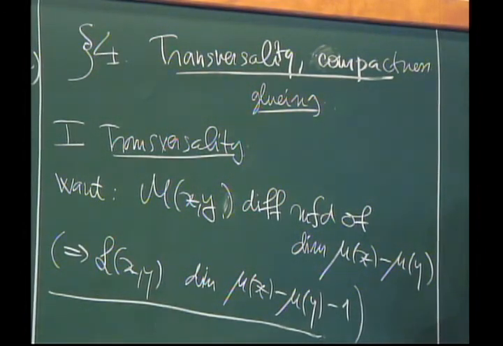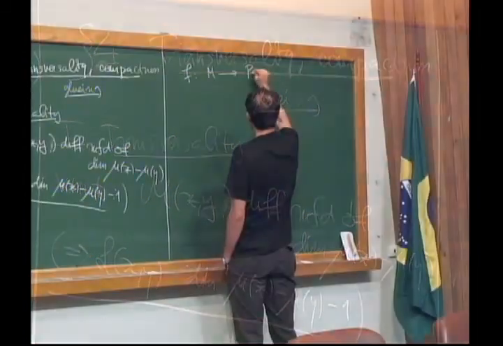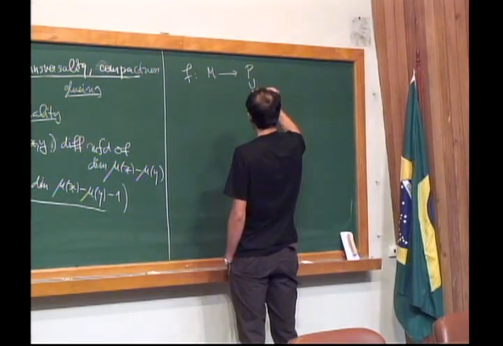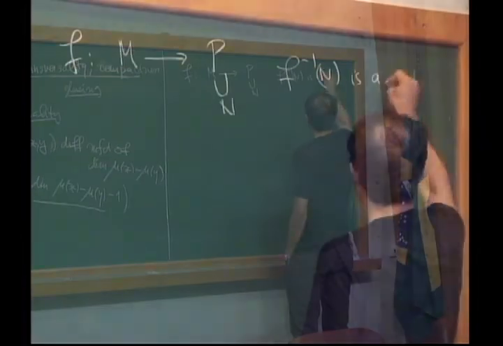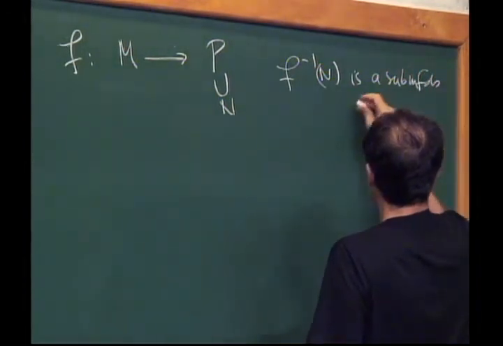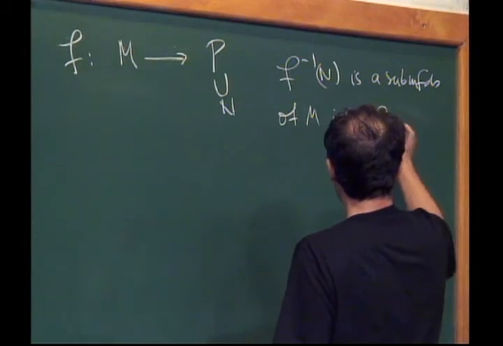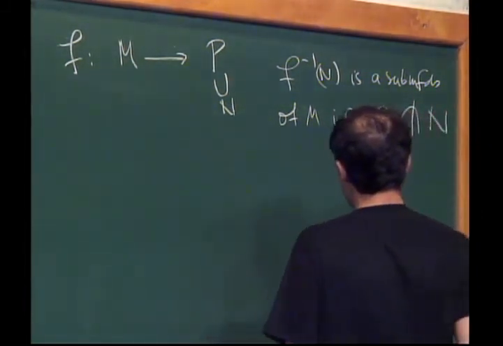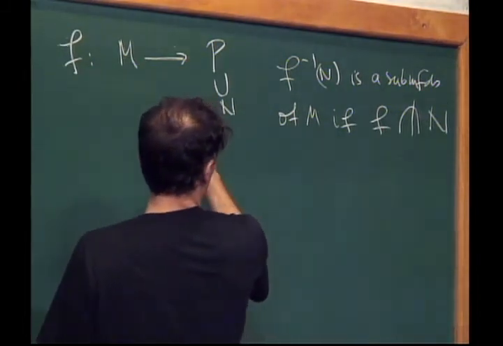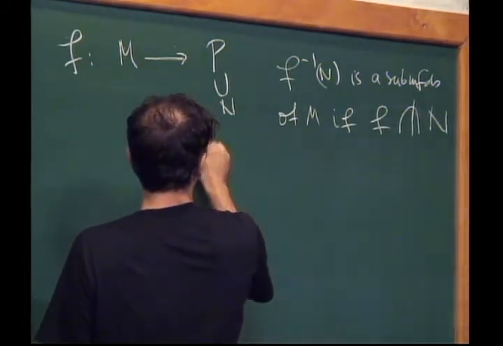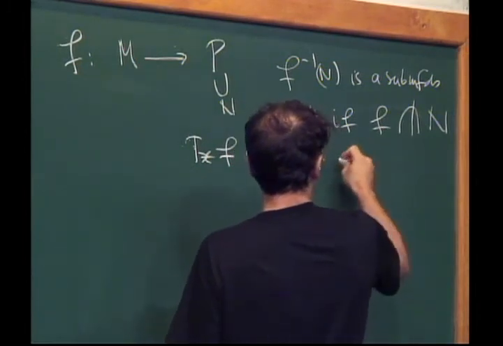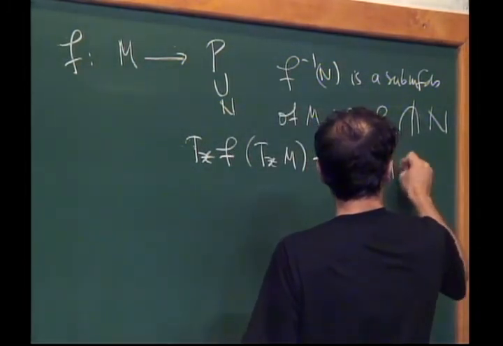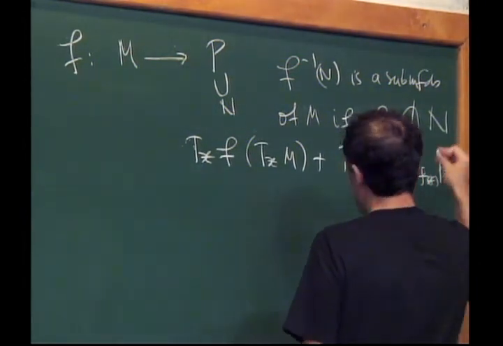If you have some f from M to P, and here you have some submanifold N, then f inverse of N is a submanifold of M if f is transverse to N. Transverse to N means that T_x f of T_x M plus T_{f(x)} N is T_{f(x)} P. So this is the meaning of transverse.